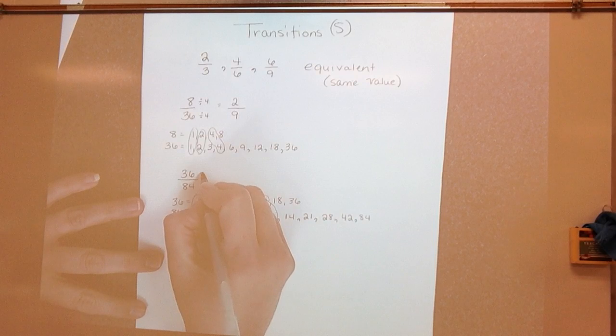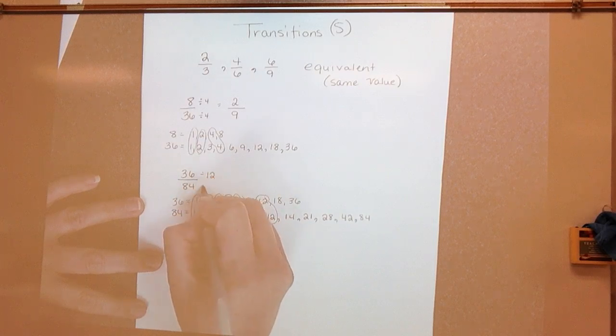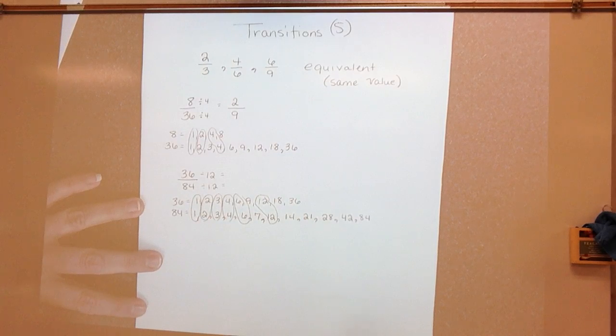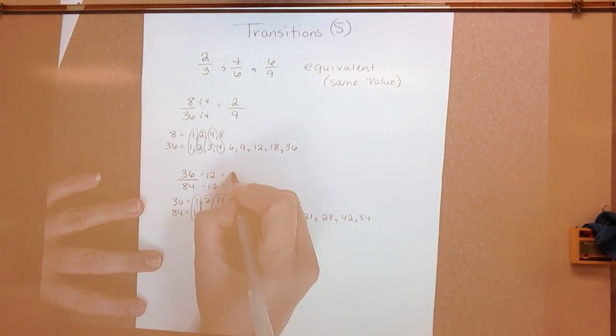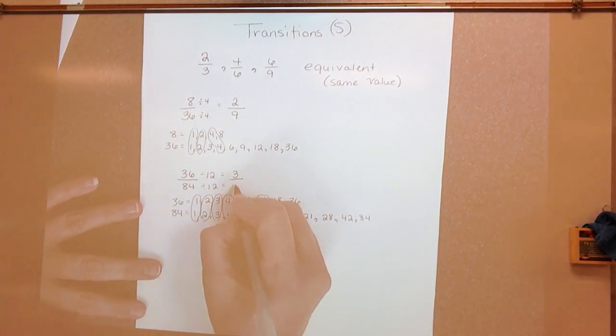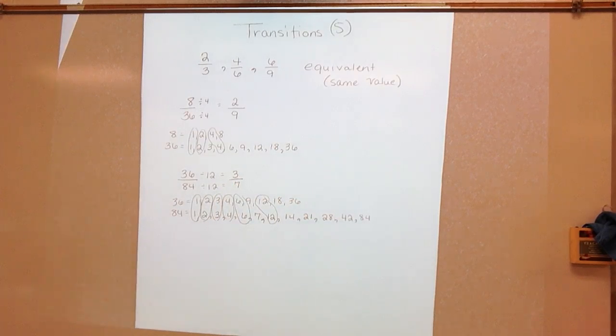So I need to divide both the numerator and the denominator by 12. 36 divided by 12 is 3. And 84 divided by 12 is 7. So 36 over 84 in lowest terms would be 3/7. Those are the steps in reducing a fraction to lowest terms.